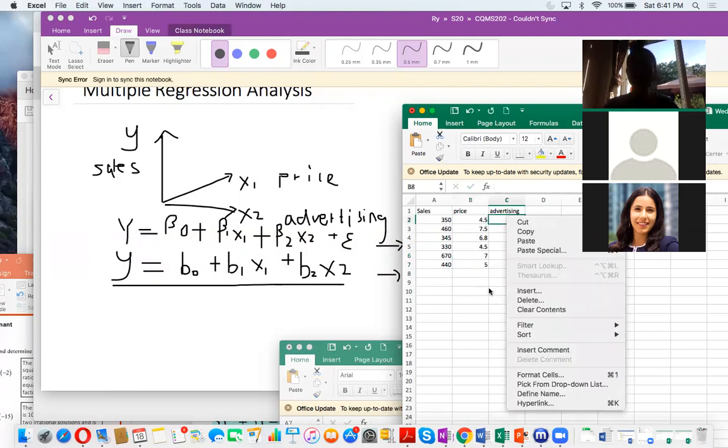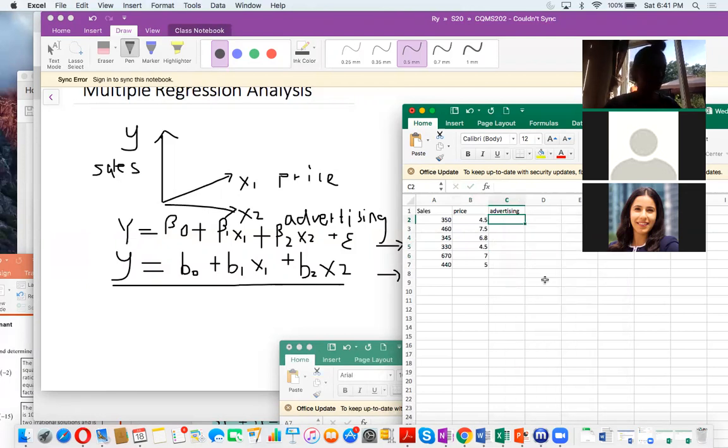And also you have advertising cost. Just going to randomly type in some numbers, and 2 more data. Okay, so now I'm going to explore the relationship between sales and the 2 variables, 2 x. One is price, the other is advertising.